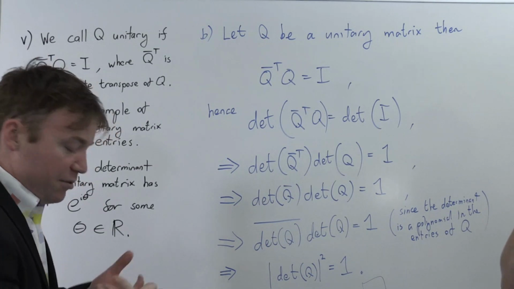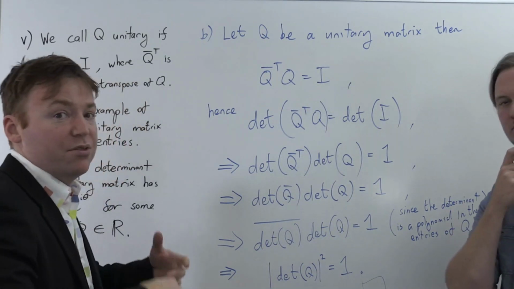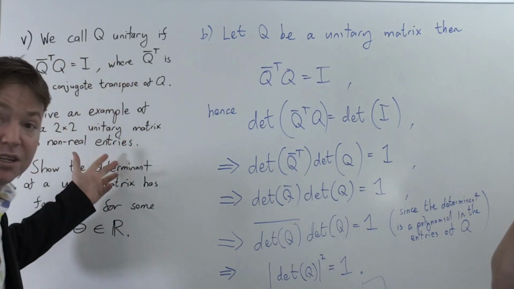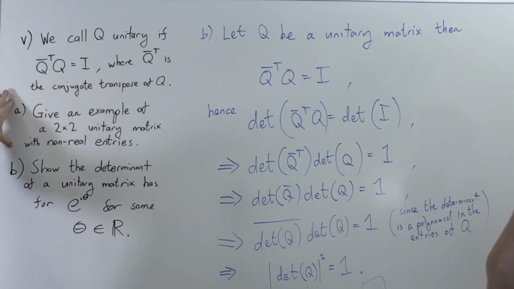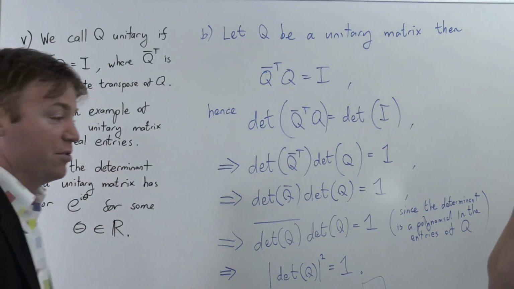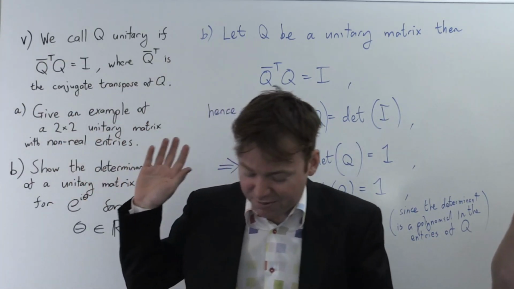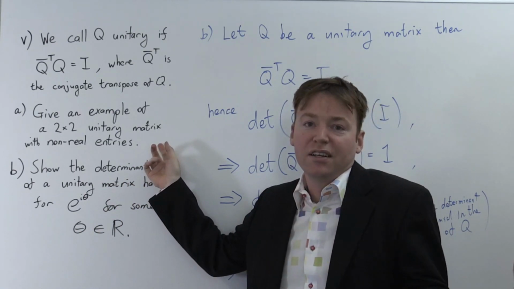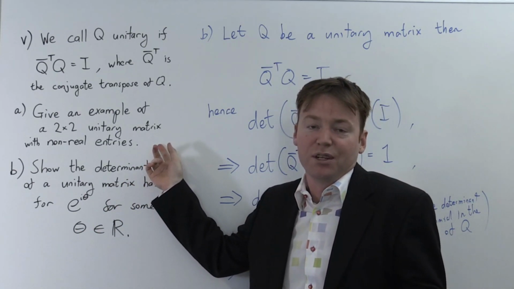Second of all, there was a question in the forums about when do you need to actually prove stuff and show working. This is a good example of that. Part A just says, give an example of a 2x2 unitary matrix. You could just pull an example out of anywhere and write it down. You get the marks. You're just supposed to exhibit an example, so you don't have to do any working.